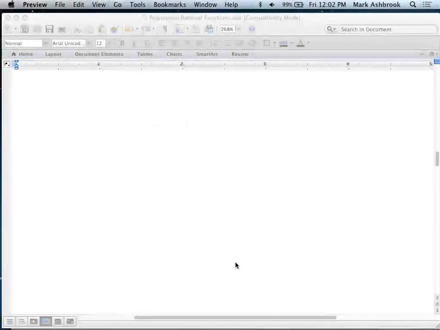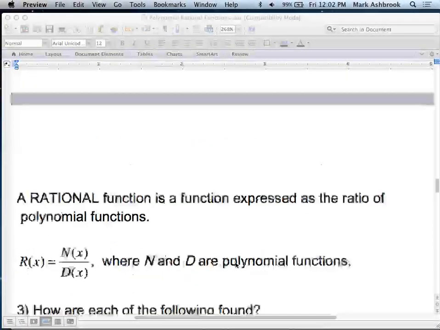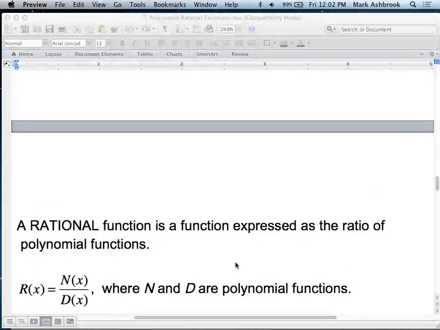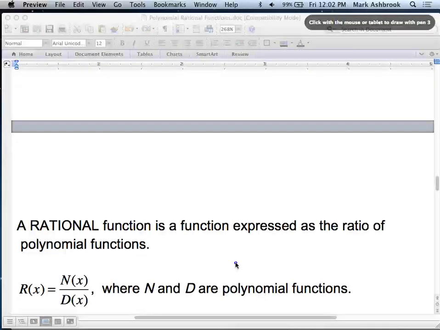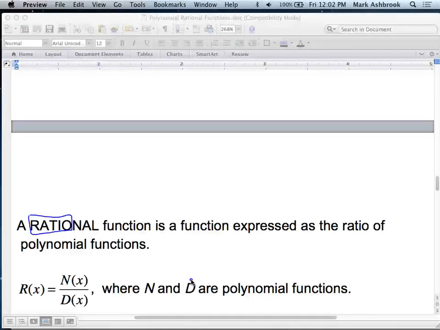A rational function has the word ratio in it. That ratio is talking about what kind of function it is. It's the ratio of polynomials. So we take one polynomial and another one, and we make a big fraction out of it, and this creates what's called a rational function.